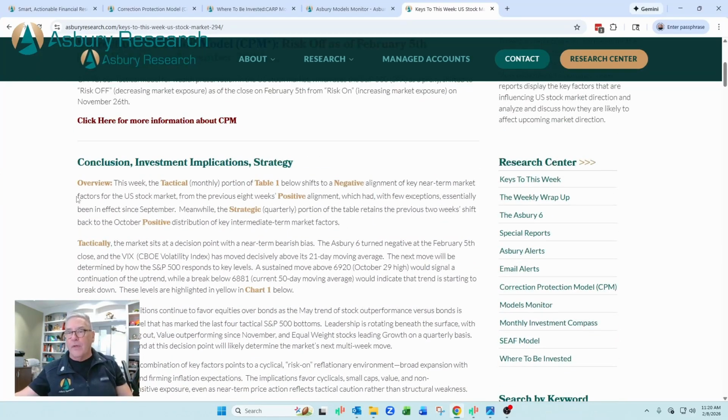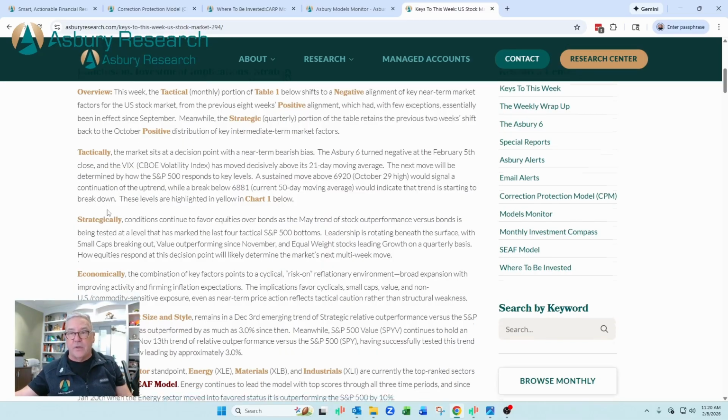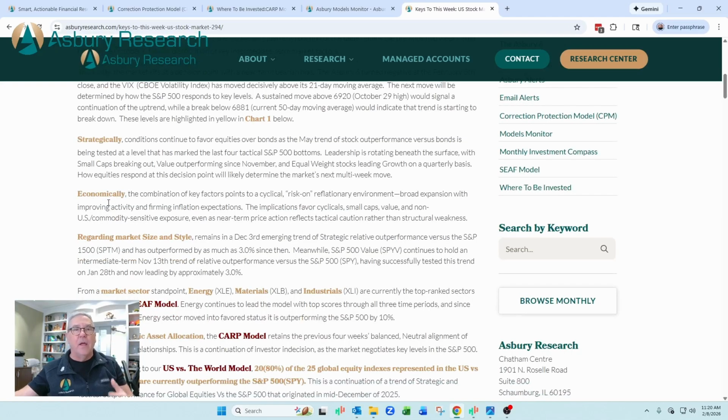So overview, we talk about the tactical part of the market. For us, tactical is 21 days. Strategically for us is 63 days. Economically, what we do, now this is something new that we've added, we try to put all these different keys into a basket and try to determine what they mean collectively.